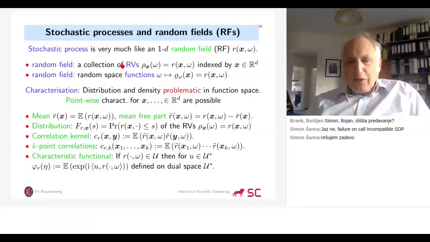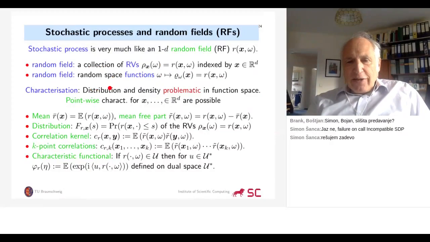Now, the random field can be looked at either as a collection of random variables indexed by the position in space, or you can look at this as random space functions. So for each omega, you get a new function, a new realization. There are two different ways of looking at them. In traditional stochastics, the first one is the normal one taken. We're taking more the second view. It's more a functional analysis point of view.